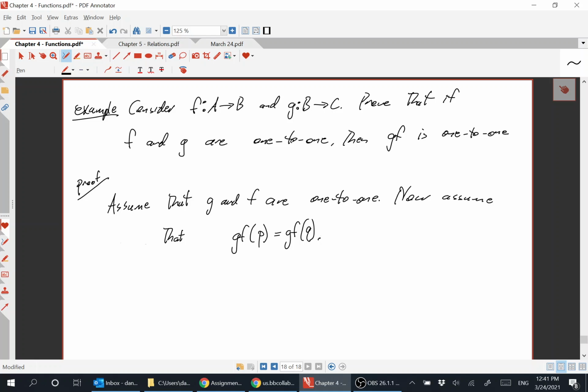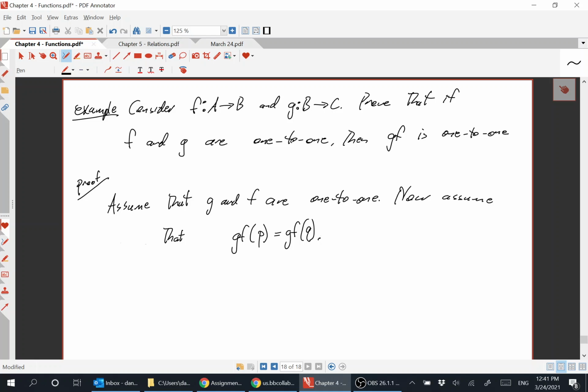Now we need to show what is true. You want that no two elements in the domain go to the same thing in the range. So given that p and q go to the same thing in the range, you want what to be true? That p and q are equal, right?